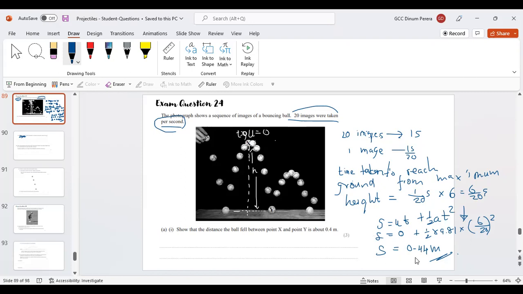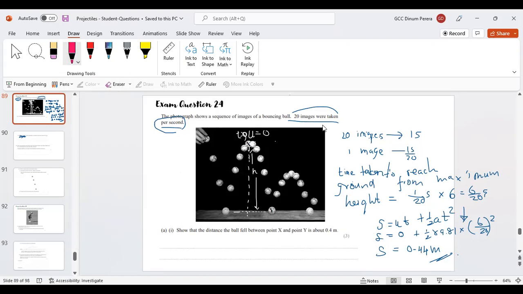We found the actual height, which is 0.44. You can measure the height according to the photograph. I don't know whether you have a printed one, you could have measured it. Otherwise, you can just use the image to measure. When you measure it, it should come to about 5.7 centimeters. So 5.7 centimeters should be equivalent to 0.44 meters.